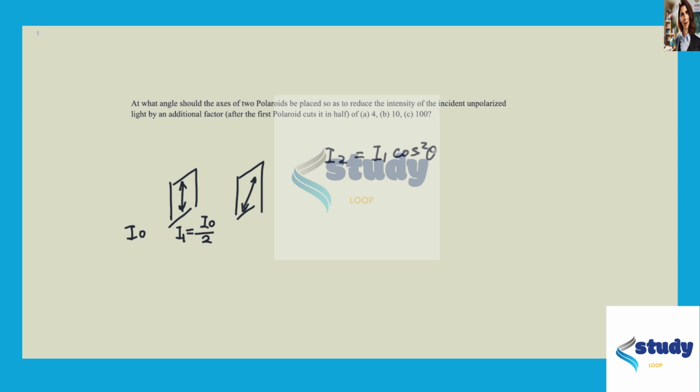So if this one becomes 1/4 of the original intensity, what we can get is cosine squared theta equals 1/4, or theta equals arc cosine of square root 1/4, which is 1/2, so it gives us 60 degrees.